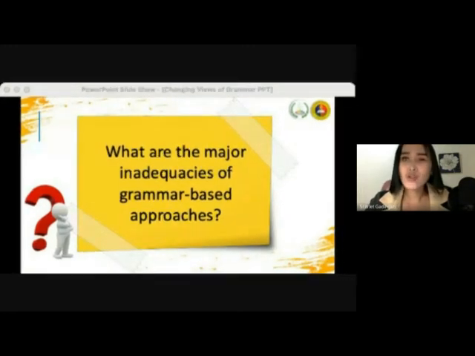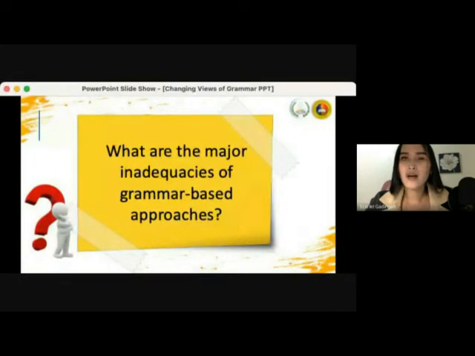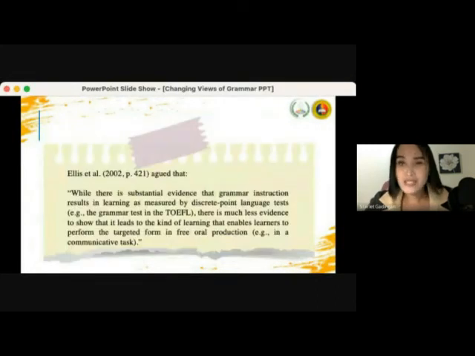Although some scholars emphasize that while there is substantial evidence that grammar instruction results in learning as measured by discrete-point language tests, for example, the grammar test in TOEFL or other international tests, there is much less evidence to show that it leads to the kind of learning that enables learners to perform the targeted form in free oral production.